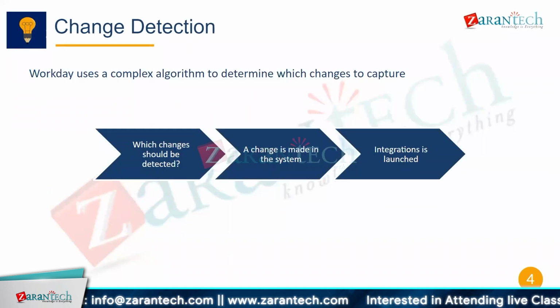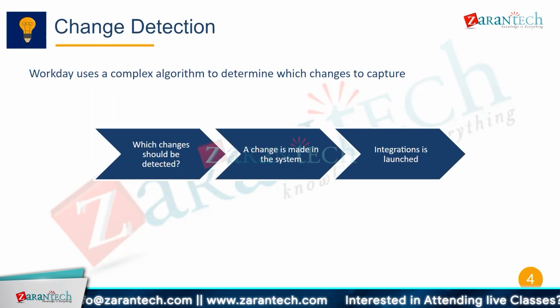Workday uses a very complex algorithm to determine which changes to capture. They are based on which changes should be detected. A change is made in the system and the integration is launched. Keeping these three values with your transaction logs, it keeps a very close track of when it's sending the change file, and it's accurate to the core.